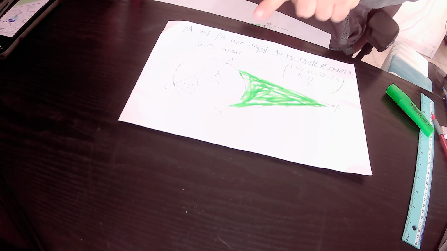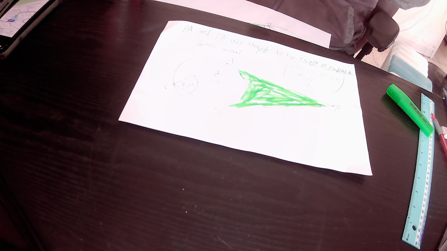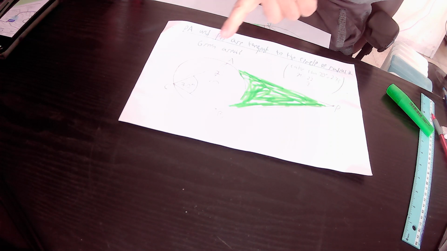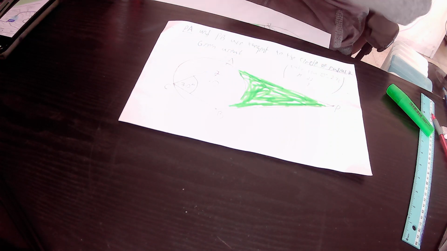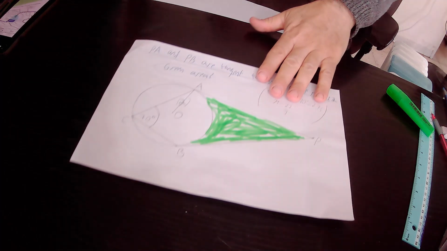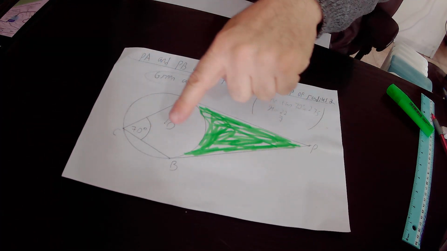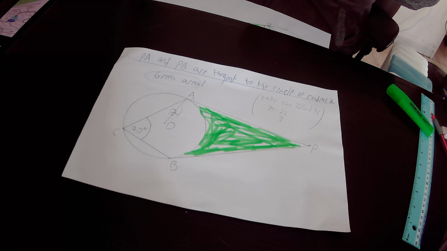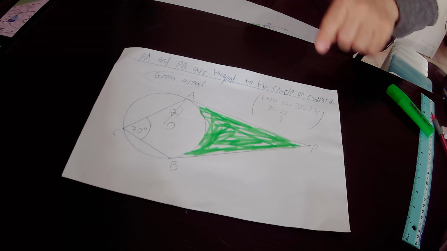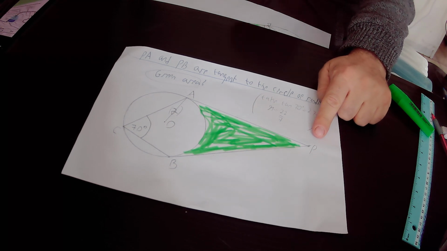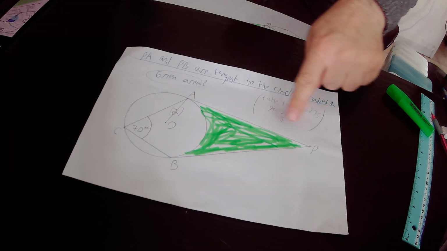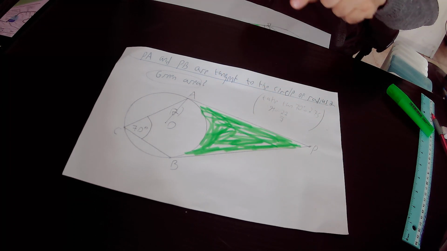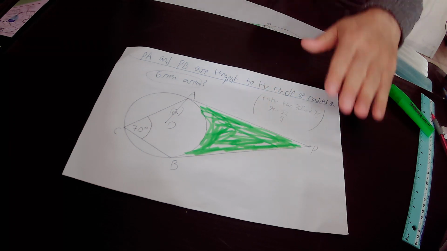We know that the radius of this circle r equals 2. And we also know inside this circle we have peripheral angle ACB that equals 70 degrees in its size. In addition we have in the drawing the common external point P. From this common external point P, we have two tangents to this circle, tangent PA and tangent PB. Again, our mission is to find out the area of this green shape.